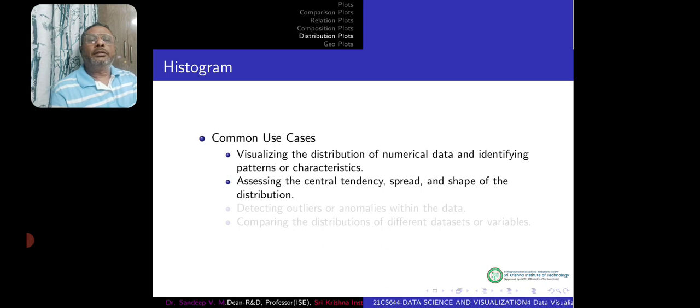This is commonly useful when we are trying to compare two data sets. Both the data sets are large enough, therefore comparing value by value is impossible. Then the easiest way is just to find the histogram of the two and compare the central tendency, the spread, and the shape.